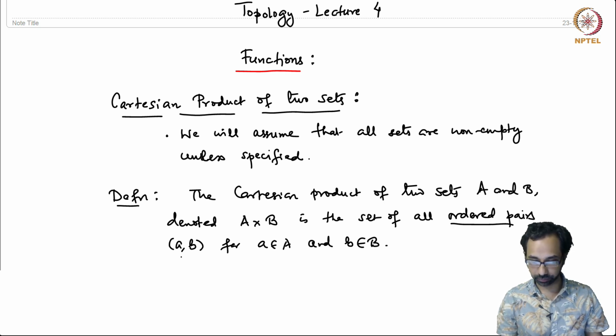Ordered pairs means that the first element must belong to A and the second element must belong to B.